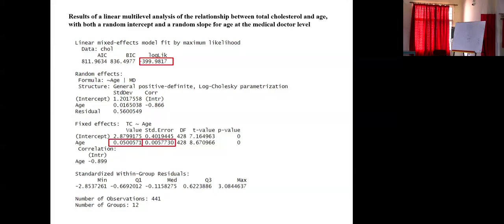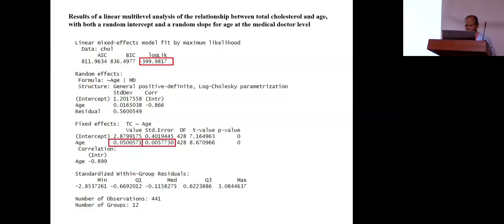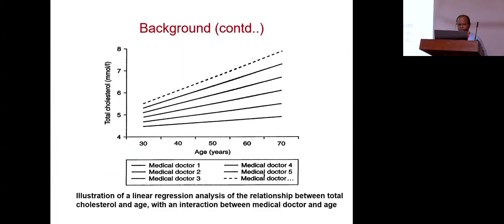So therefore, what is the likelihood value here? Do you see likelihood values? Minus 399. So my 399, what is the naive model likelihood? Check your previous slide. Let's say random intercept model. Do you have in your previous analysis random intercept model?